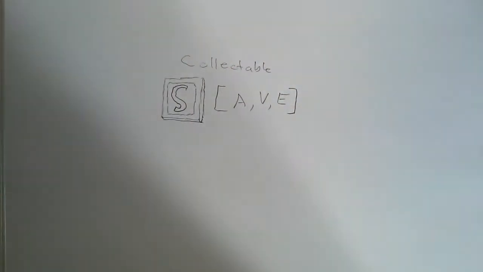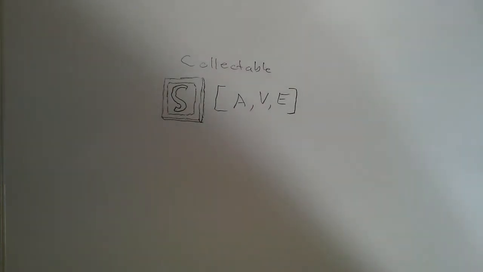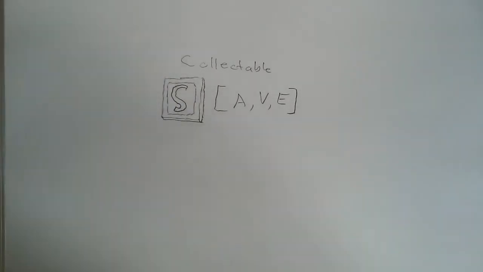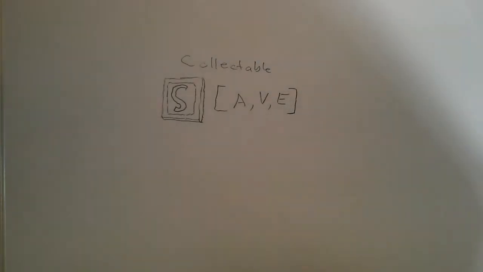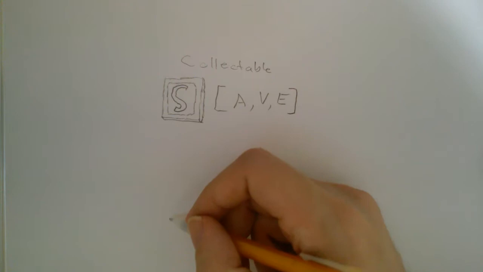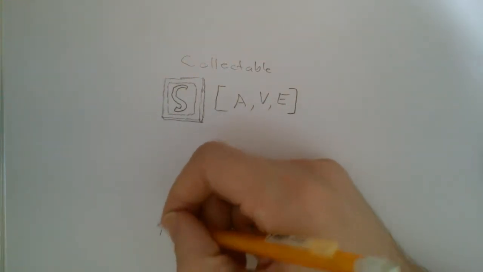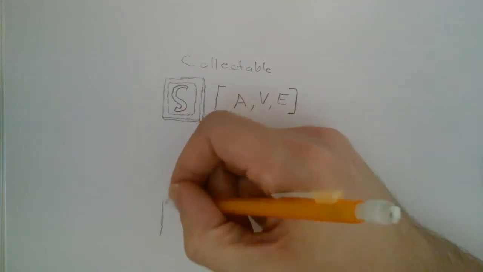Now, if we have an idea of the collectible, we need to have an idea of what these are going to do. We know we want them to save our character, or the game character we're trying to rescue. So, what are we going to have the character rescued from? I would say some sort of castle tower.